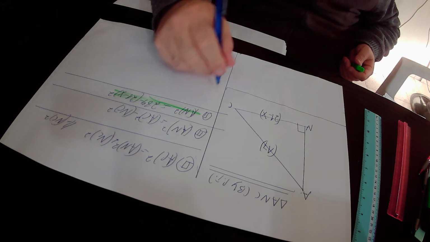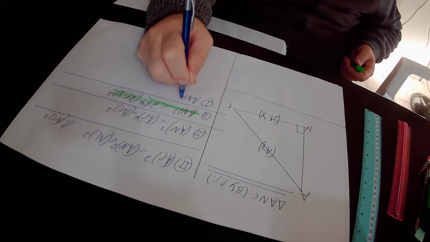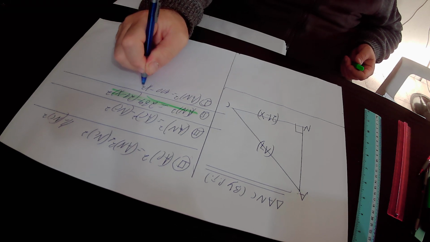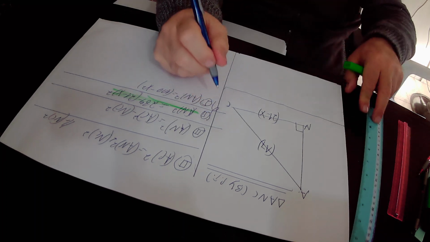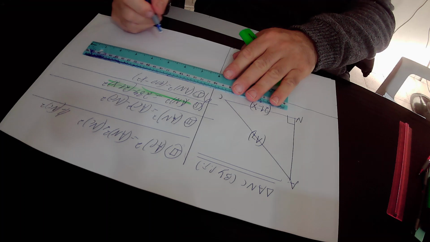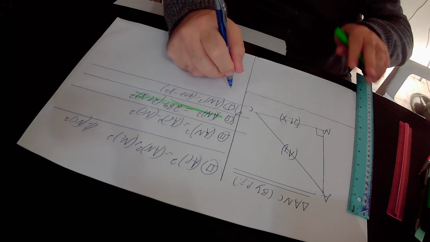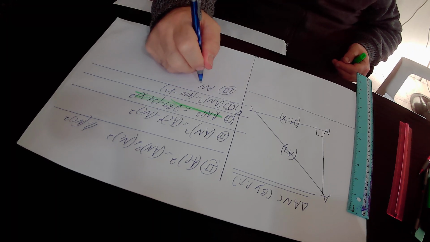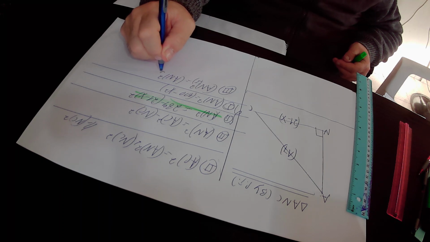According to equation 1, we already found out that AN square equals 100 minus x square. So here we have two different expressions for the value of AN square. Therefore, we get equation 3, which says that AN square according to equation 1 must be equal to AN square according to equation 2.